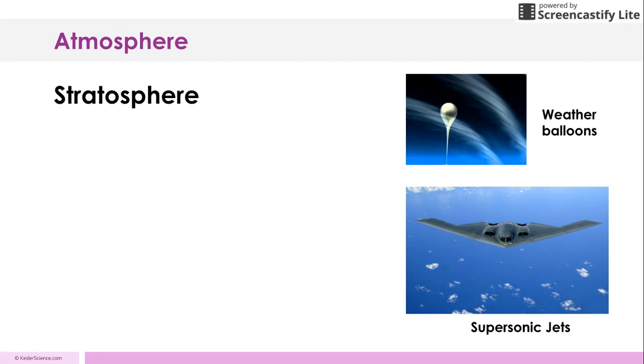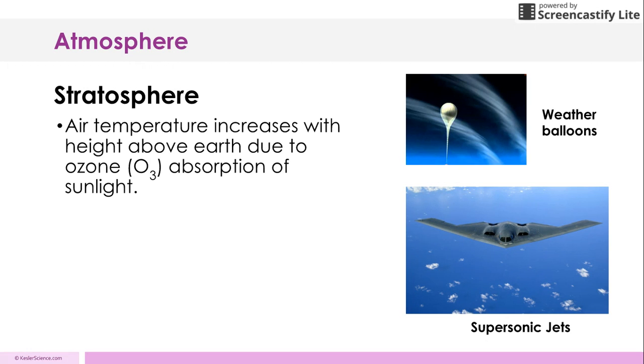All right, so another atmospheric layer we're going to talk about is the stratosphere. In the stratosphere, air temperature increases with height above Earth due to the ozone, which is O3, absorption of sunlight. It's 14 kilometers to 50 kilometers above Earth.